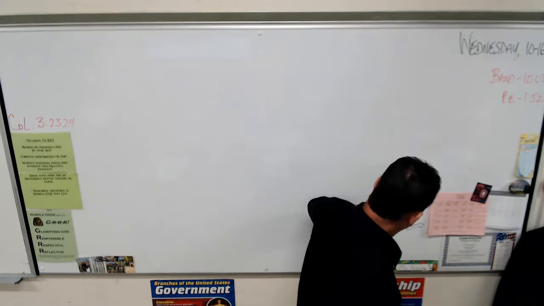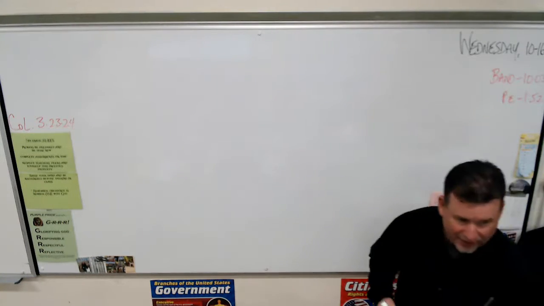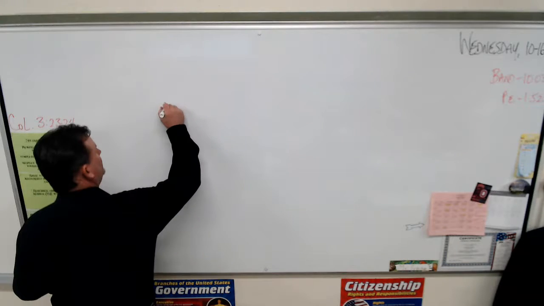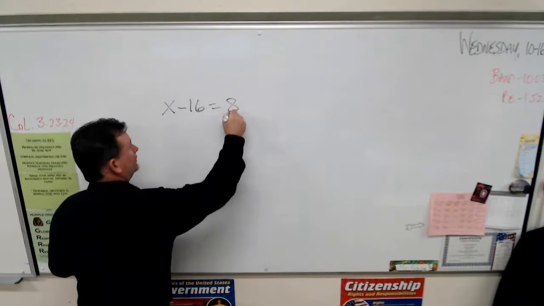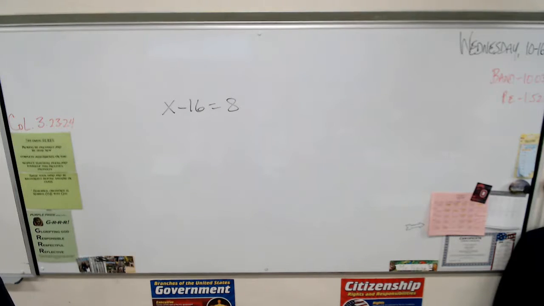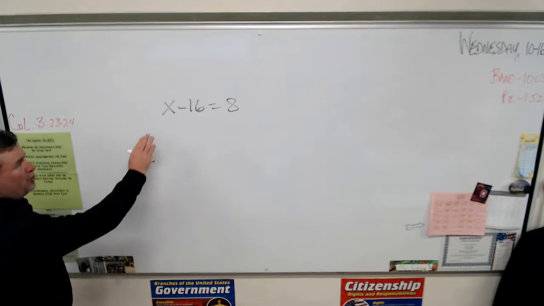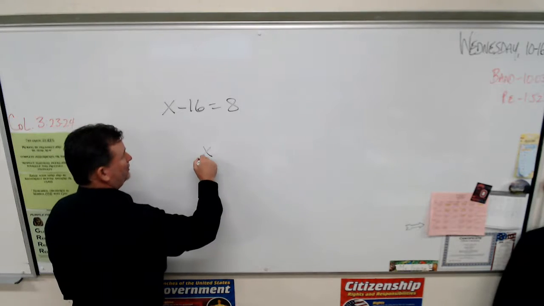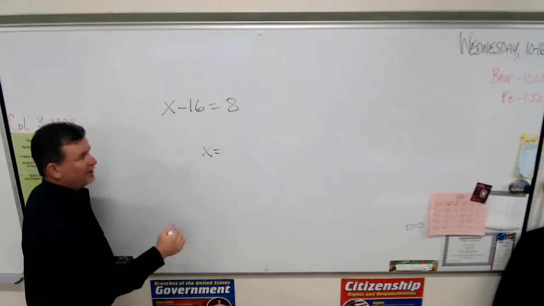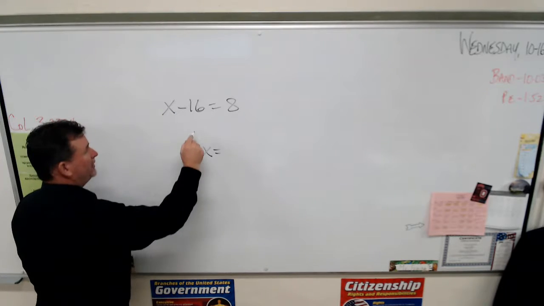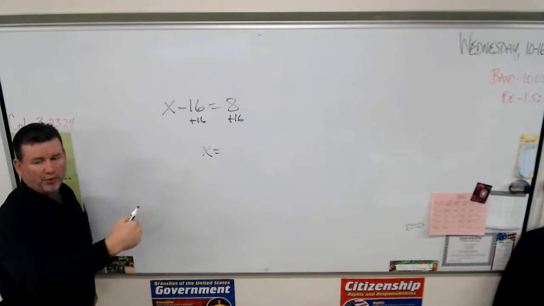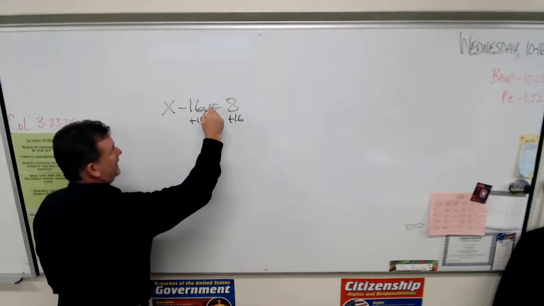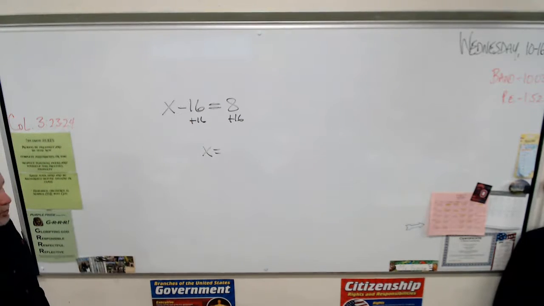All right, ready? x minus 16 equals 8. Hopefully you know that you simply add 16 to both sides. How do you undo what they did to x? Remember, your mission is to find out what x is. They subtracted 16, so you add 16. Make sure you do it to both sides because this equals sign has meaning. You got to treat them equally.